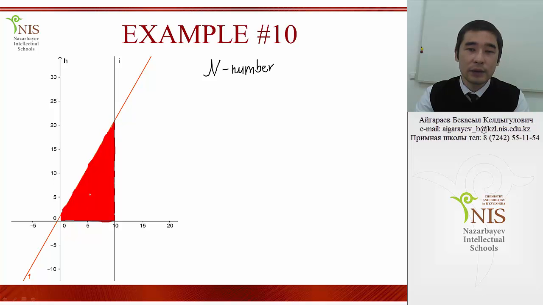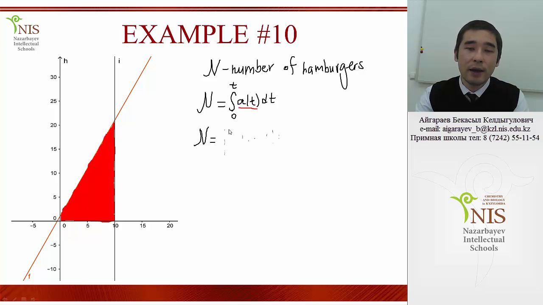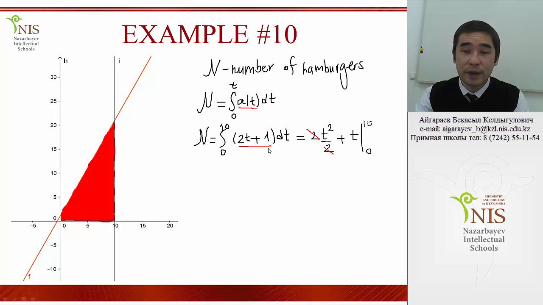N is the number of hamburgers, and that will be the integration from 0 till 10 of my function 2t plus 1. The antiderivative will be t squared times 2 divided by 2, so the 2's get cancelled, plus t.